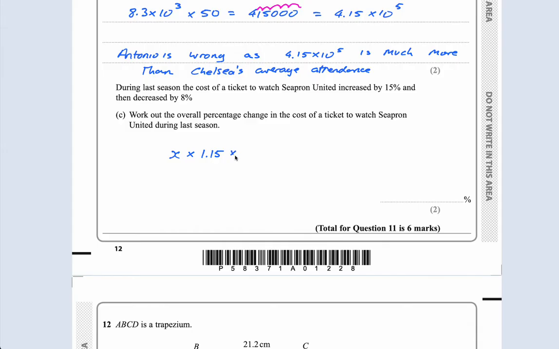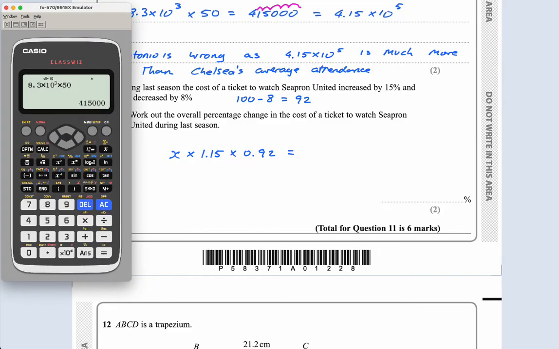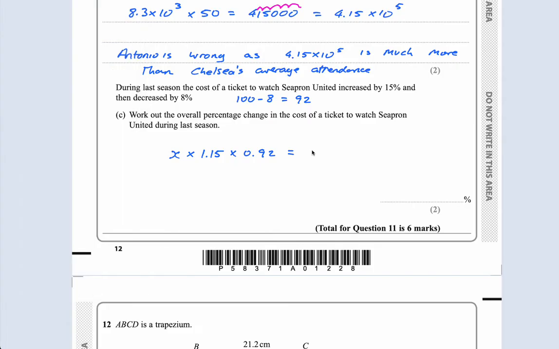So now I'm going to multiply by 0.92, because 100 minus 8 is 92. So I want to get 92%, hence why I multiply by that. And if I multiply 1.15 times 0.92, I get 1.058x.